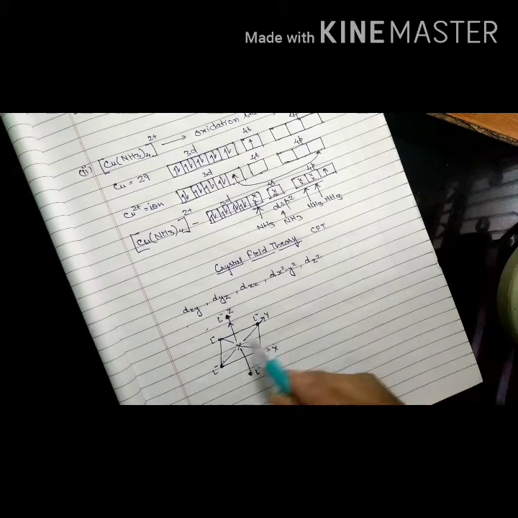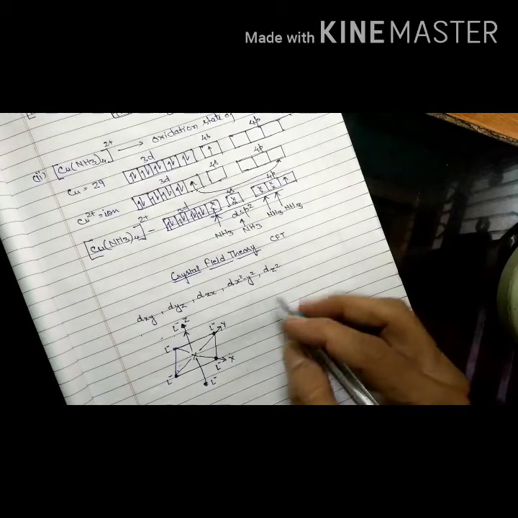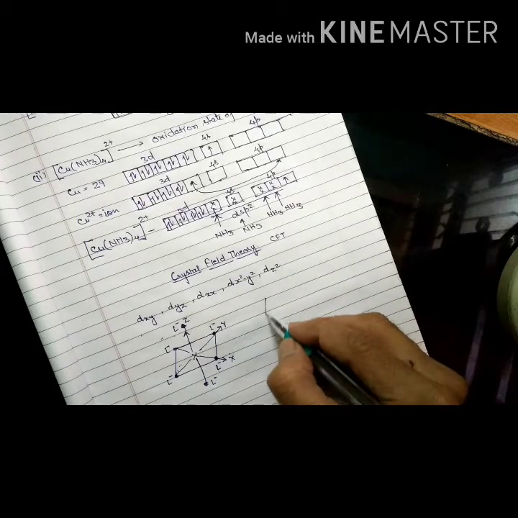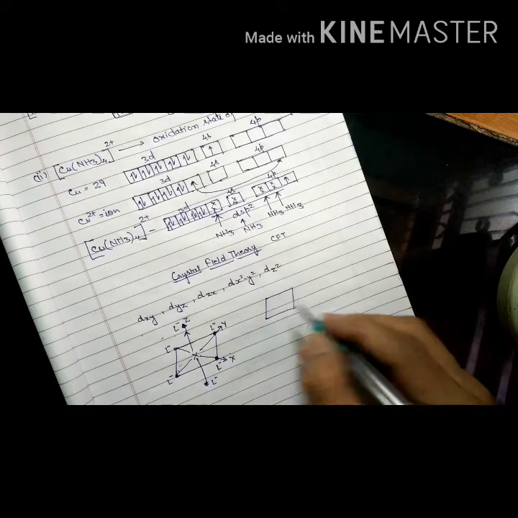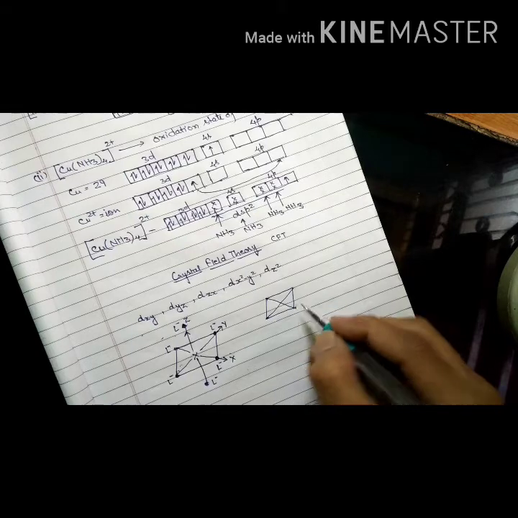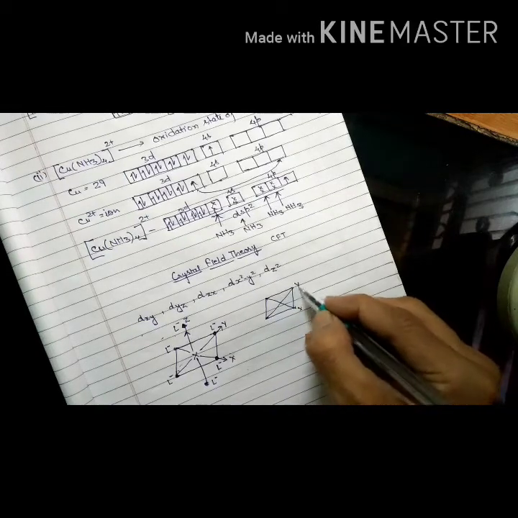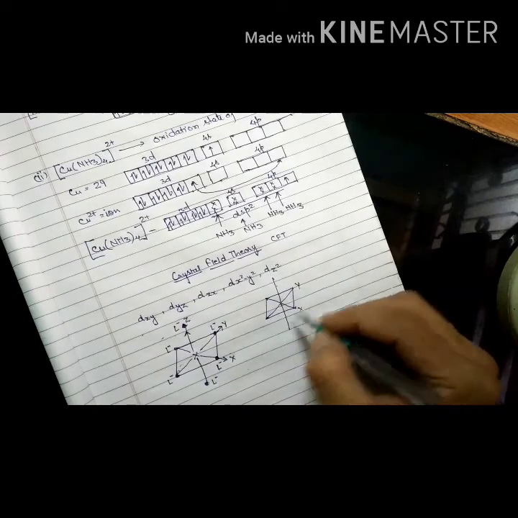Now in these axes the orbitals are arranged in this way. This is the x axis, y axis, and this is the z axis.